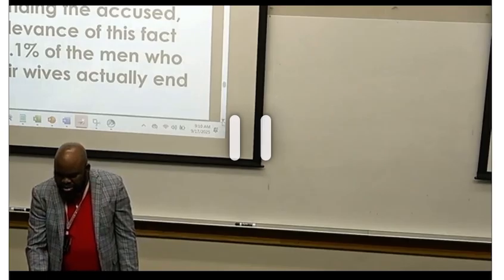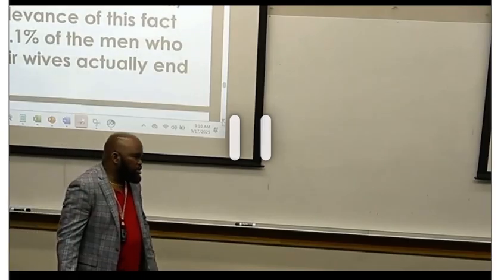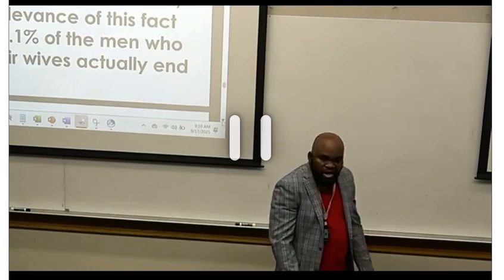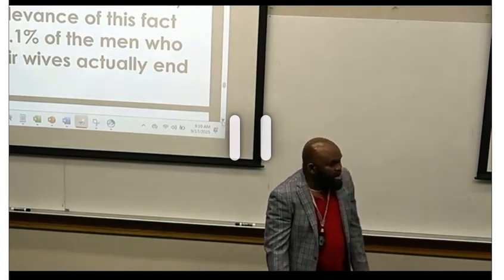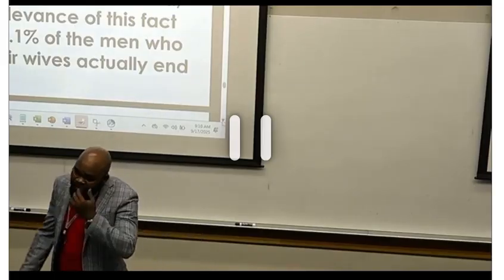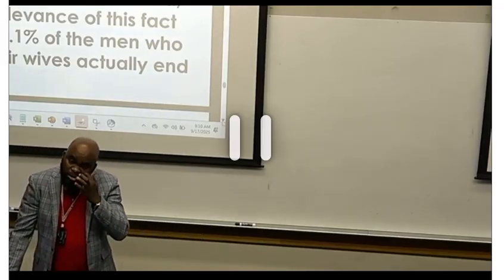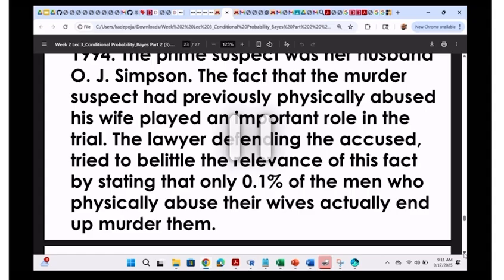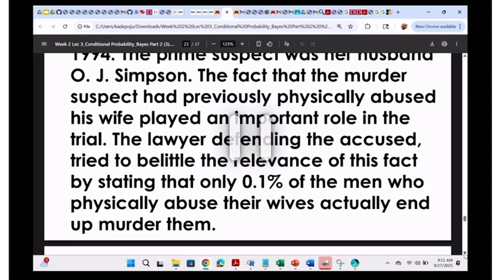But let me tell you this. The O.J. Simpson lawyer argued, trying to belittle the relevance of the fact that when a partner abuses their partner, the probability that they're going to murder them is very, very small.